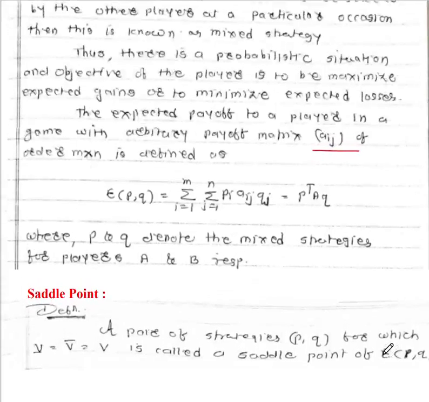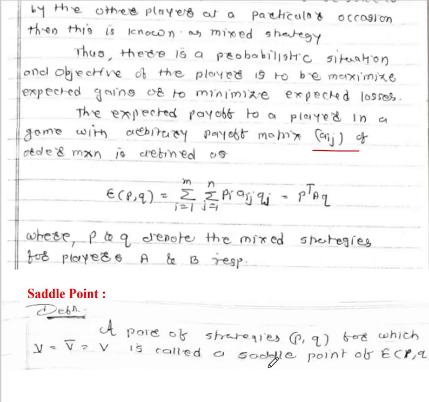Also, we have seen the saddle point in the previous lecture, where the star and plus together intersect at that point, called a saddle point. So what is the actual definition of the saddle point?